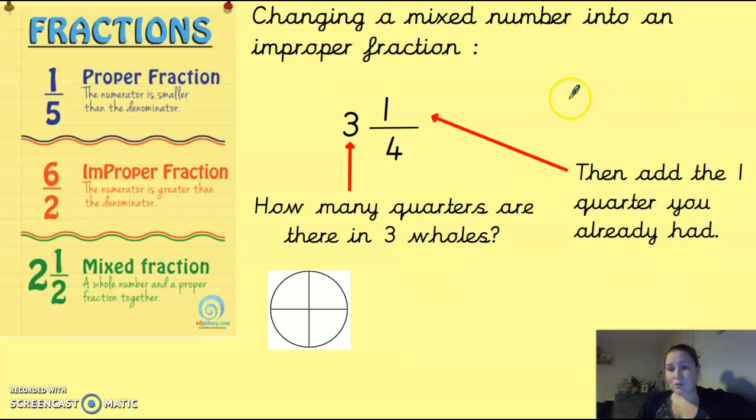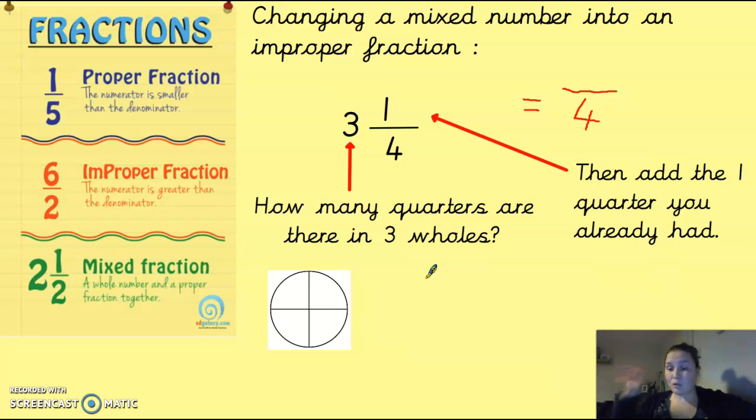So to turn this mixed number into an improper fraction, I have to think I'm working in quarters. So my improper fraction's denominator is going to be a 4, okay, because that's how many our whole is split into. So our first question we have to ask ourselves is how many quarters are there in 3 wholes?